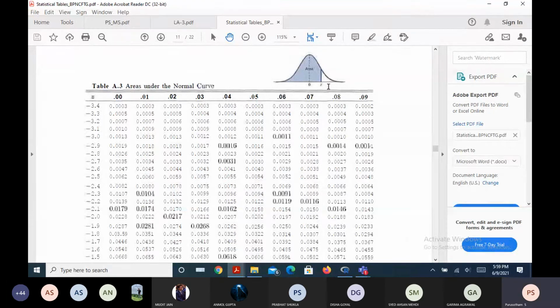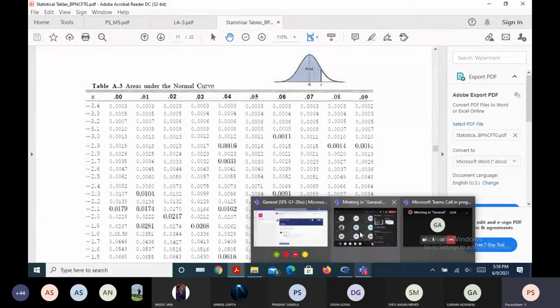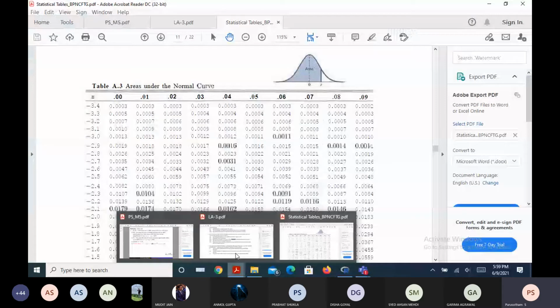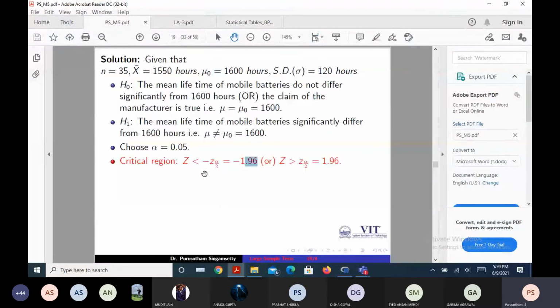Now, alpha is 5% you are considering. This alpha is divided into two sides of mu, where mu is the central value. We are going to divide the 5% equally to the left of mu and the right of mu.